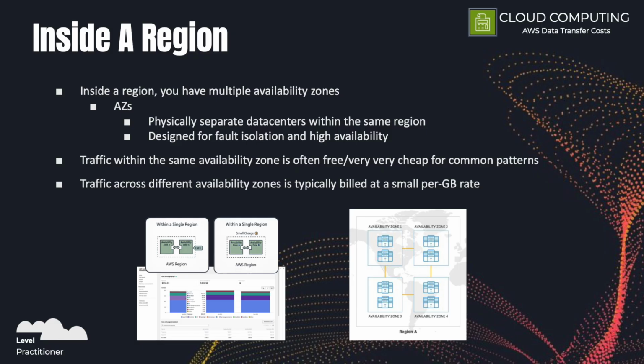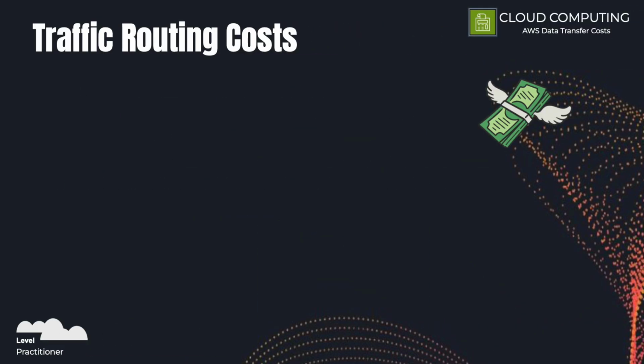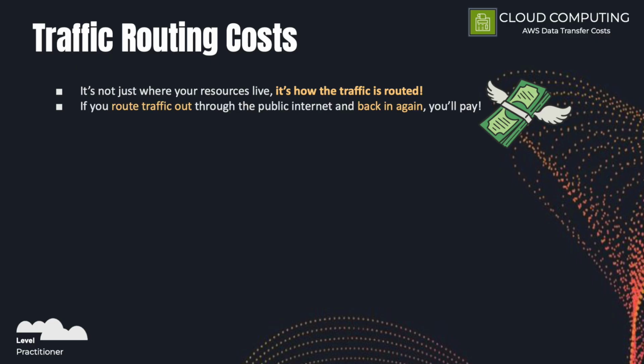And hear me out, here's the part that catches a lot of people off guard. It's not just where your resources live in AWS, it's how your traffic is routed. Meaning that even if two resources live in the same region, if you accidentally route their traffic out through the public internet and back in again, you'll pay unnecessary outbound internet charges.